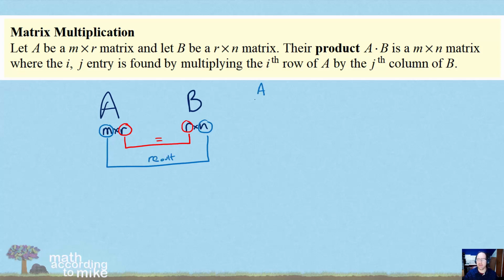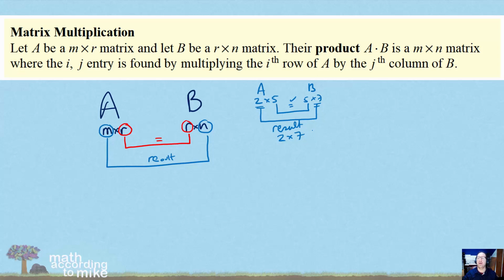Meaning if A was a 2 by 5 and B was a 5 by 7, the number of columns here matches the number of rows here. Check. That means the result will be a 2 by 7.